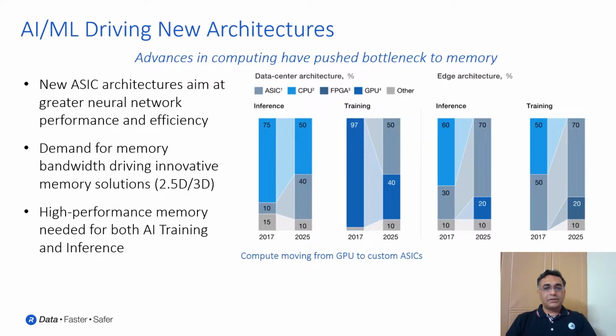Today we have much better compute and much better memory performance and capacity. Now neural networks can outperform conventional algorithms. New ASICs are being built and these are demanding high bandwidth memories. This is creating demand for innovative memory solutions like 2.5D memories and 3D memories.